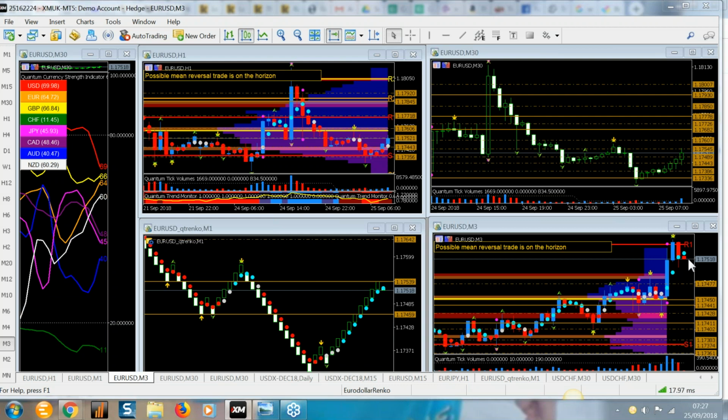So for example, here in Europe, Asia is still just winding down, we've got Europe opening, and we're now waiting for London. So what are the currencies likely to attract the most attention? Clearly it's going to be the euro, clearly the British pound, and funnily enough, sometimes the Aussie as well. But you have to establish that.